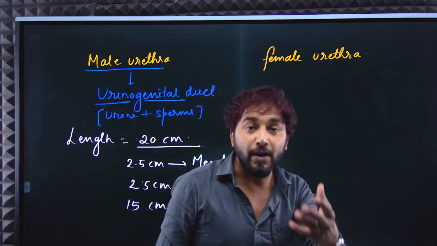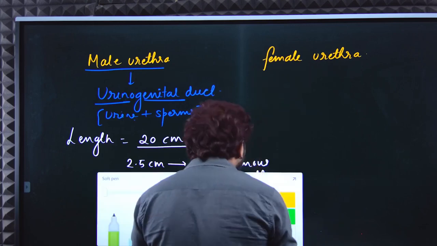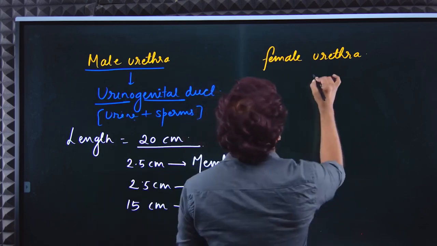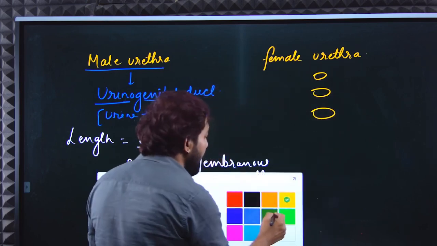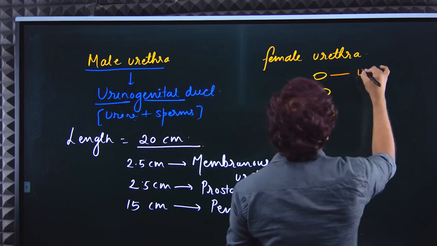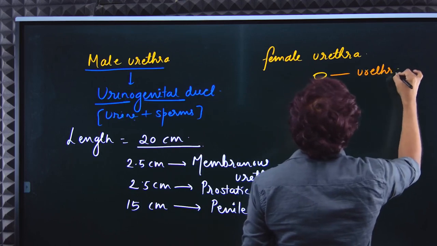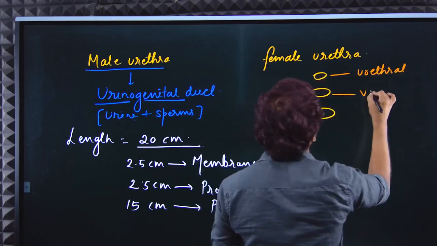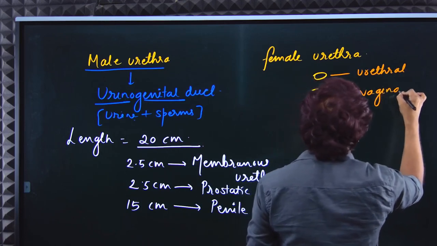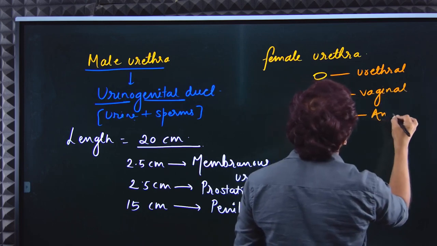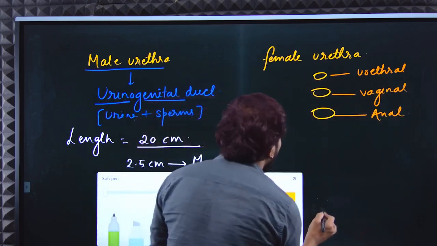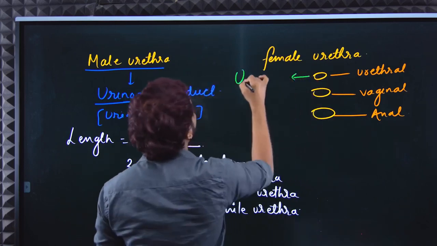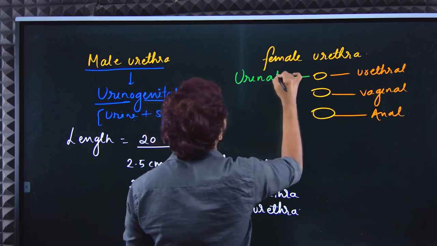When it comes to the female openings, you have three openings. The first one is the urethral opening. The second one is the vaginal opening, and the third one onto the dorsal side is the anal opening. The urethral opening is for urination or micturition.